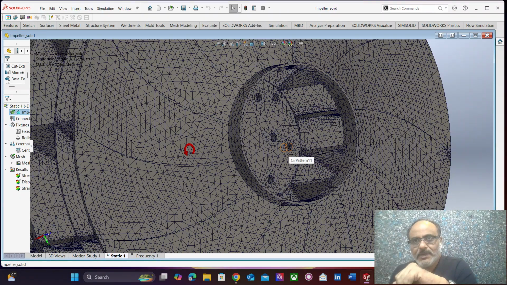So as I told you earlier, the customer had a 30 mm thick structure, I mean a plate, not a plate, it was a fully cast structure, and that particular dimension was 30 mm.